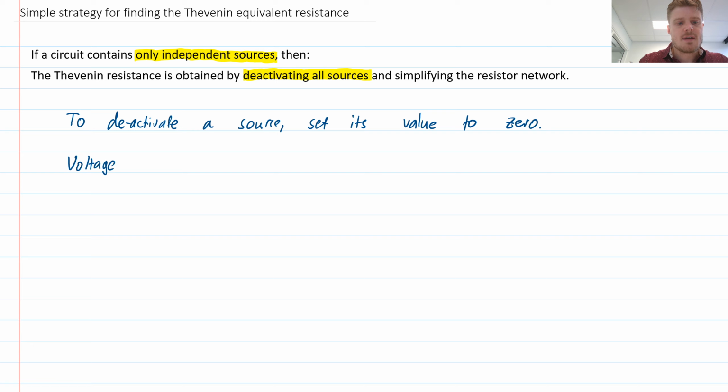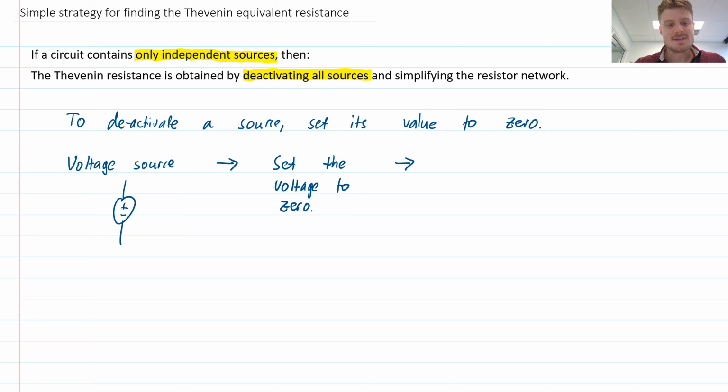If we have a voltage source, this kind of circuit symbol, then to deactivate it, we set the voltage to 0. If you have a voltage source with 0 volts, that means that the terminals are shorted together. If there's 0 volts across those terminals, then they're part of the same node. So this actually shorts the terminals.